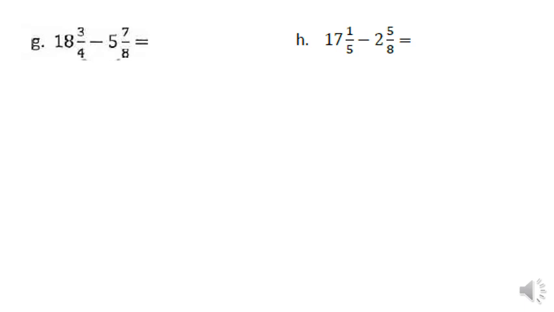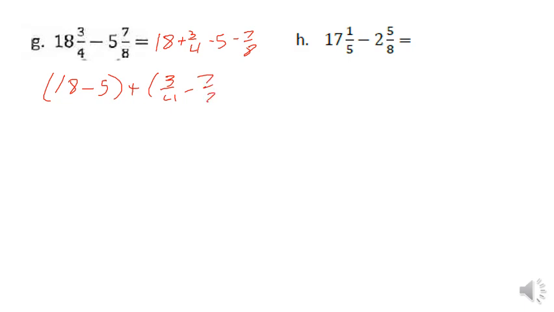Now we got 18 plus 3/4 minus 5 minus 7/8, which gives us 18 minus 5 plus 3/4 minus 7/8. Now on this one, we're going to end up with 13 plus, and I could do 8 times 4 is 32, but I can see I can turn this 4 into an 8 by multiplying by 2.